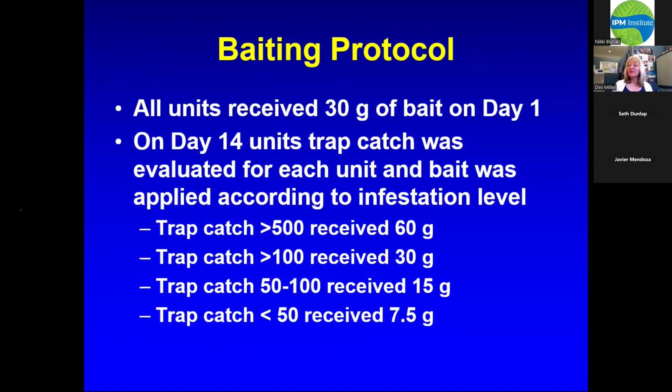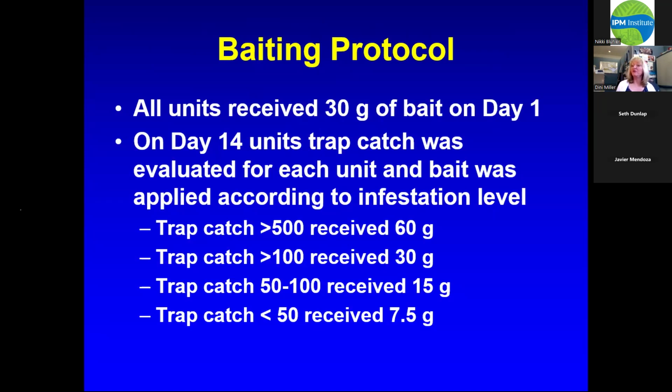And then when we selected our units, either having high-level infestations, medium-level infestations, or low-level infestations, we gave all the units 30 grams or 1 tube of commercial bait formulation on day 1. And then we came back on day 14 and put out the 3 traps again.